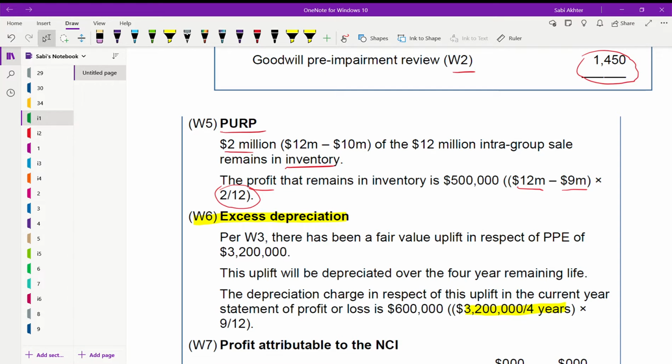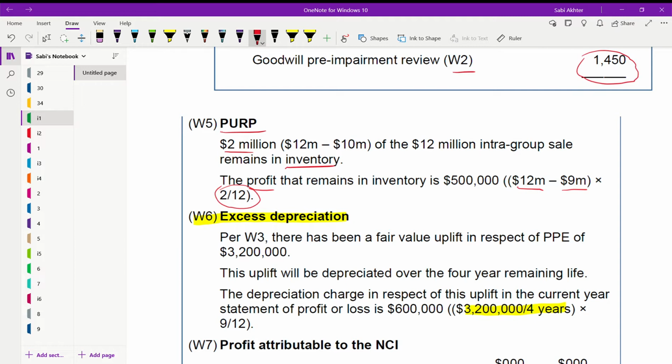This 2 over 12 is the profit they're finding out. This is not the month they are taking, 2 over 12, because when you're taking it in the statement of profit and loss, you will anyway time apportion it. You will eliminate this on consolidation.